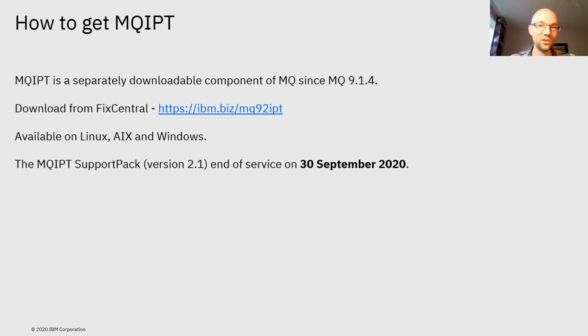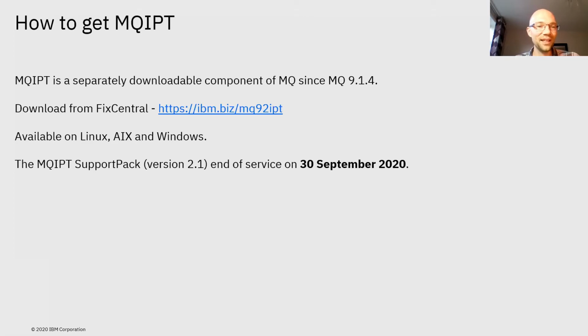Fix Central is where you go to download the MQIPT installer. It's available on the Linux, AIX and Windows platforms that are supported by MQ itself. That's another benefit of bringing MQIPT into the MQ product: it's now supported on the same versions of those operating systems as MQ itself.